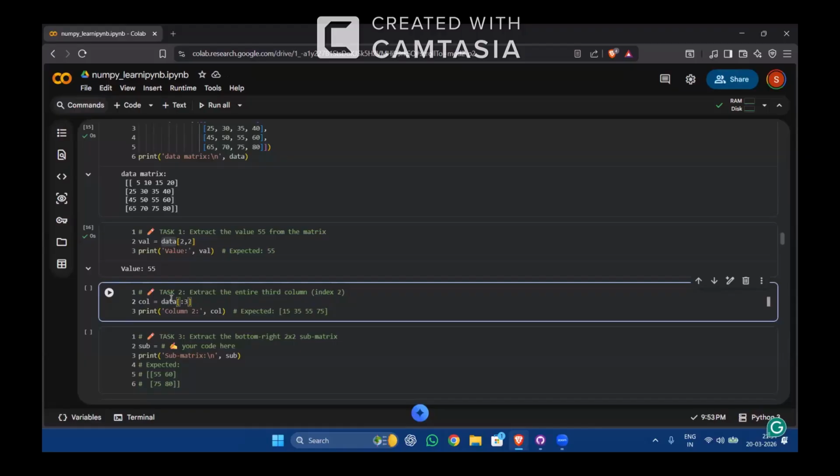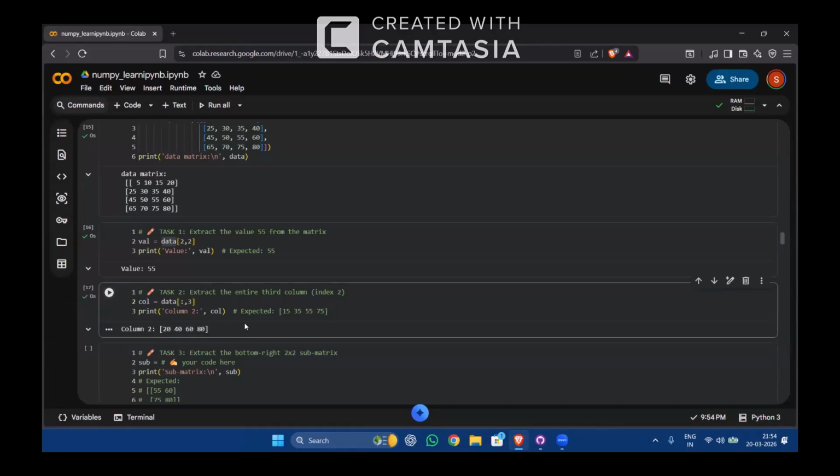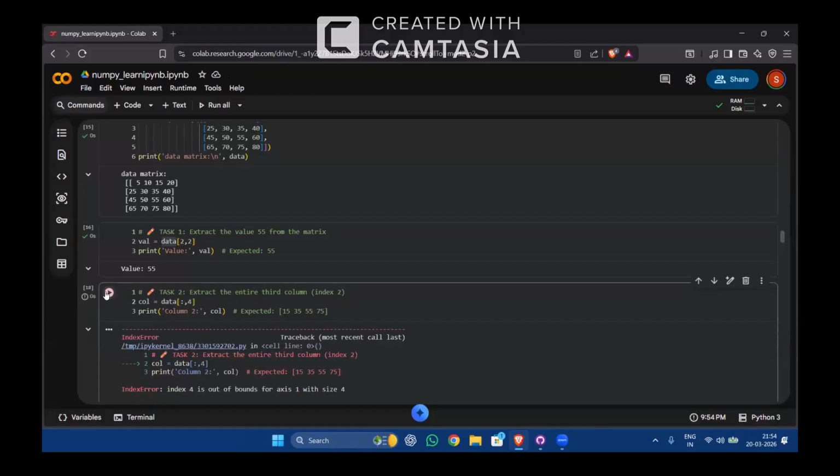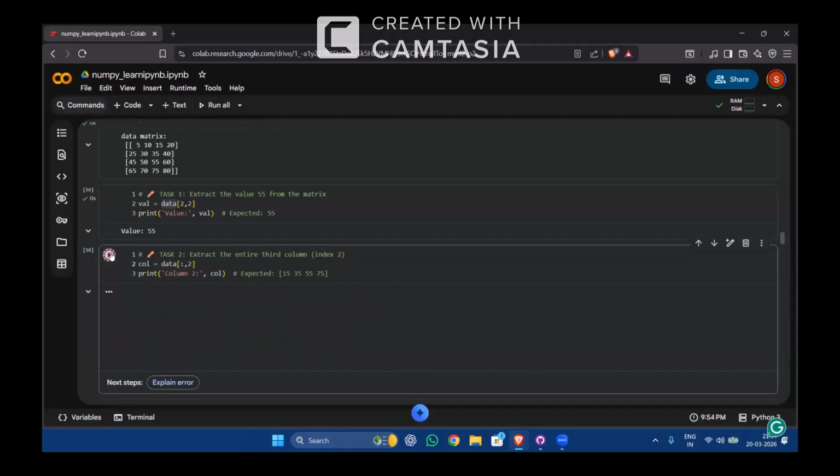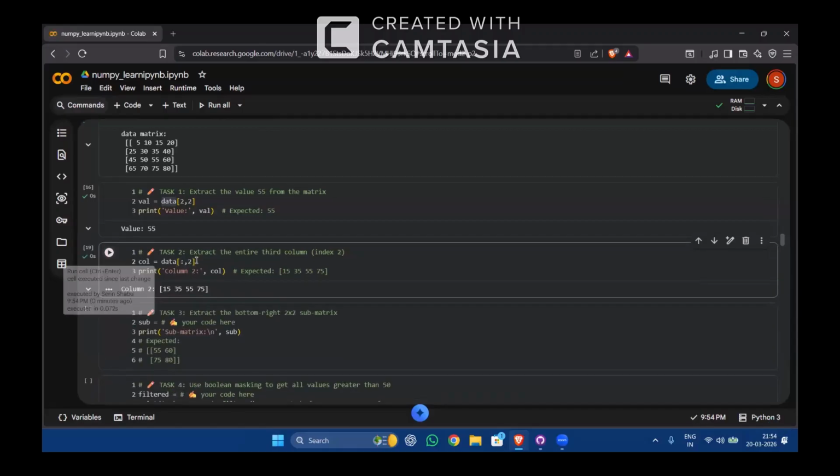So we have to take all the rows, right? So colon, comma, 3. The third column will be index what? 2. The first column is 0, right?